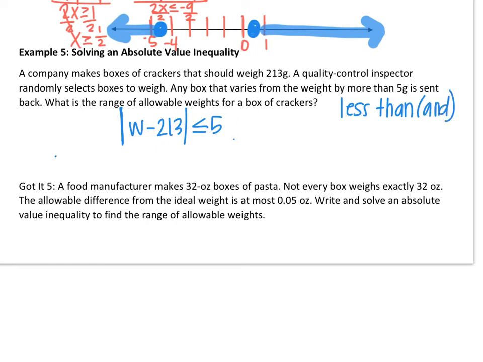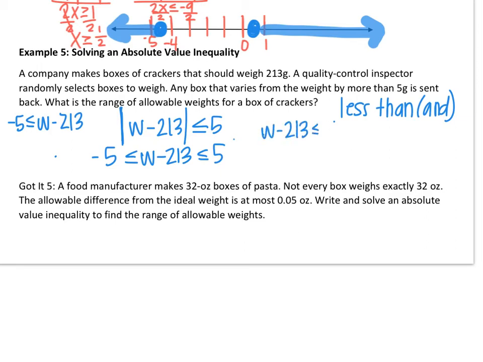So you're going to take W minus 213, and you're going to put it between negative 5 and positive 5. So you're going to solve the two inequalities, negative 5 less than or equal to W minus 213, and W minus 213 less than or equal to 5.